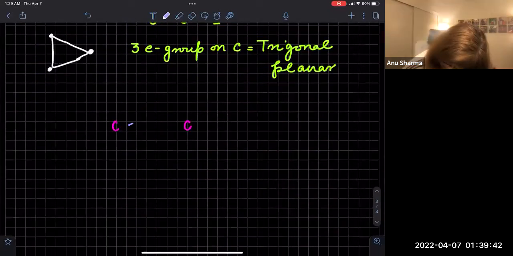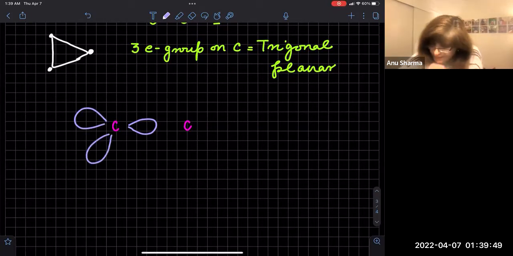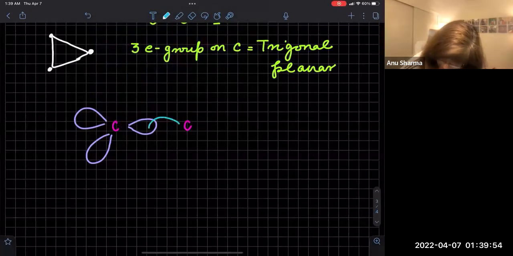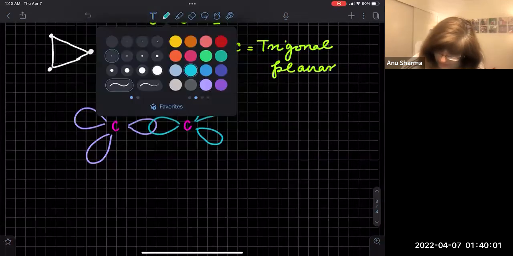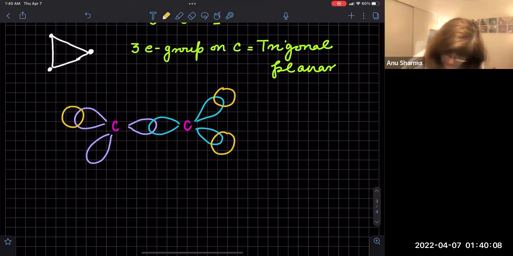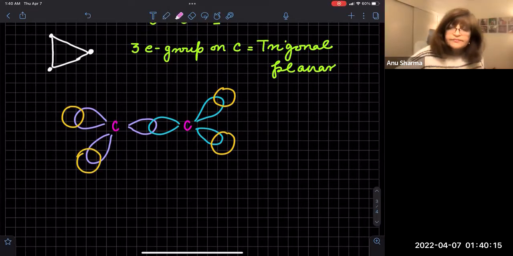One side here, this one here, and this here. Now comes the other carbon: this here, this one, and this one. Now the hydrogens: 1 hydrogen, another hydrogen, another hydrogen, and another hydrogen.